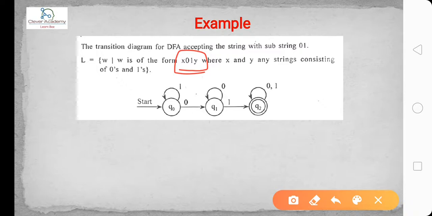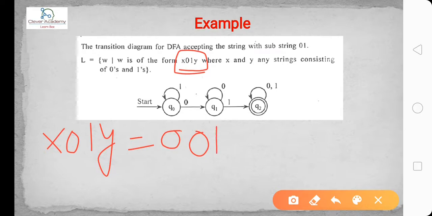You can take any one example. Suppose I take x as 0 and y as either 0 or 1, so x 0 1 y gives the string 0 0 1 0.